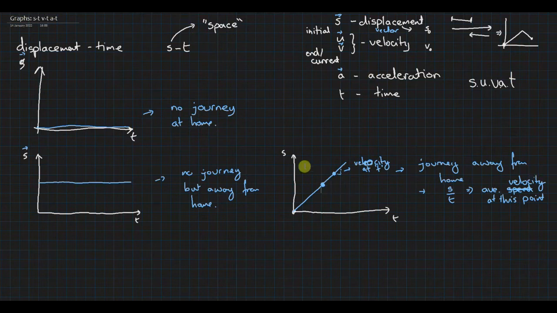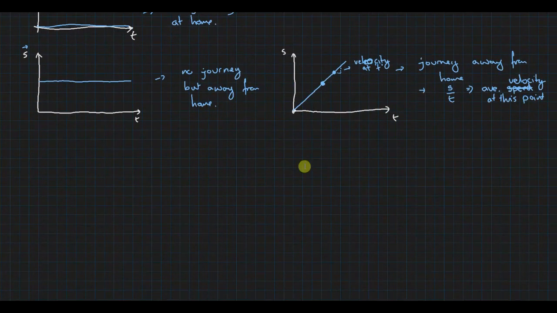So one other variation on this is what happens if we have varying velocities. So let's draw a quick velocity time graph and see how that impacts on this one.